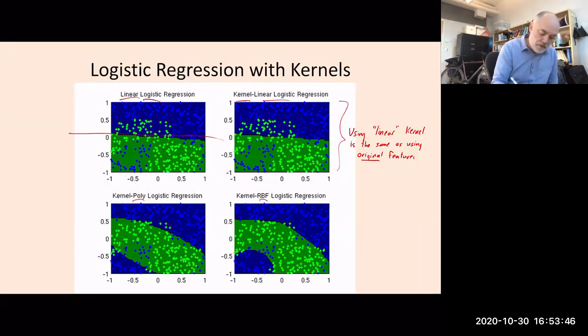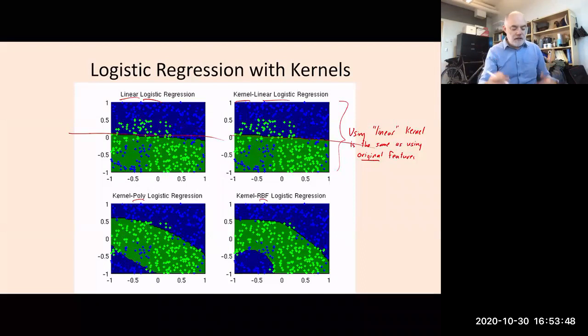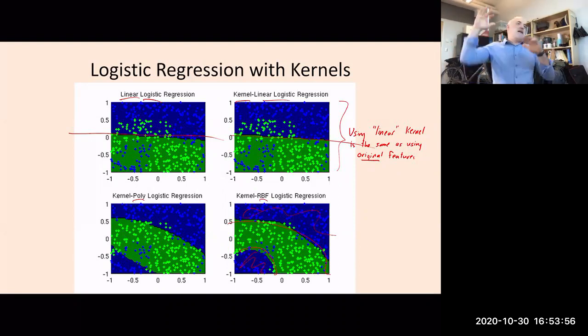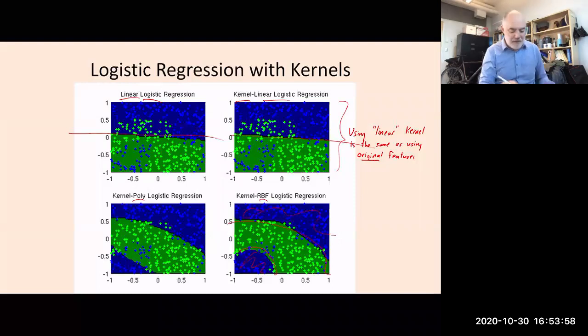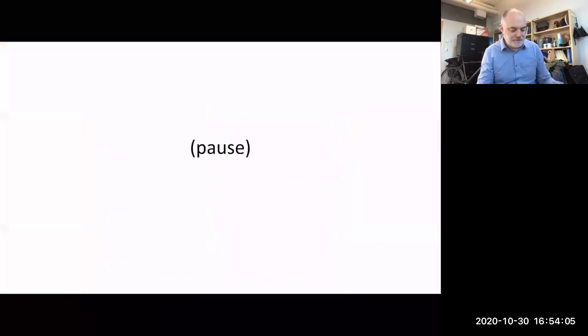Here's our original hyperplane, and now we've got really crazy decision surfaces. It's a hyperplane in some very high dimensional space that, when you project it back, even has holes in it. So it's pretty cool.